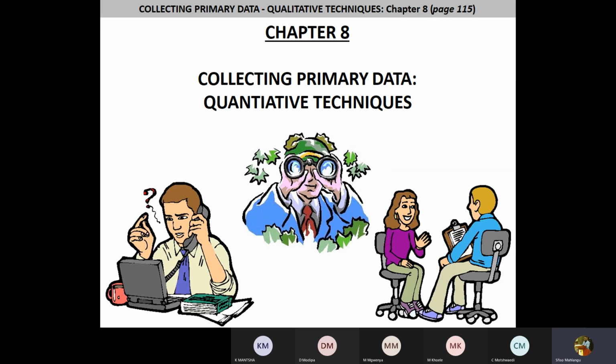It should be on page 129. Collecting primary data, quantitative techniques.